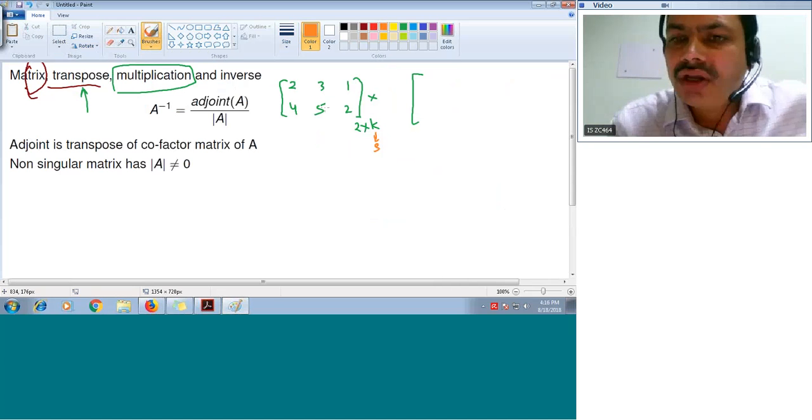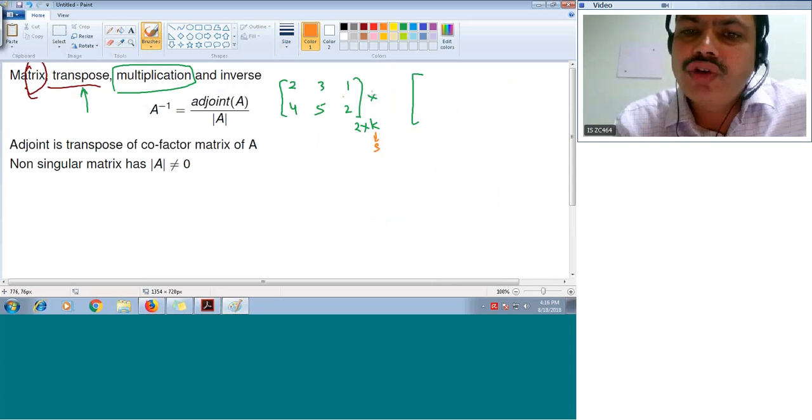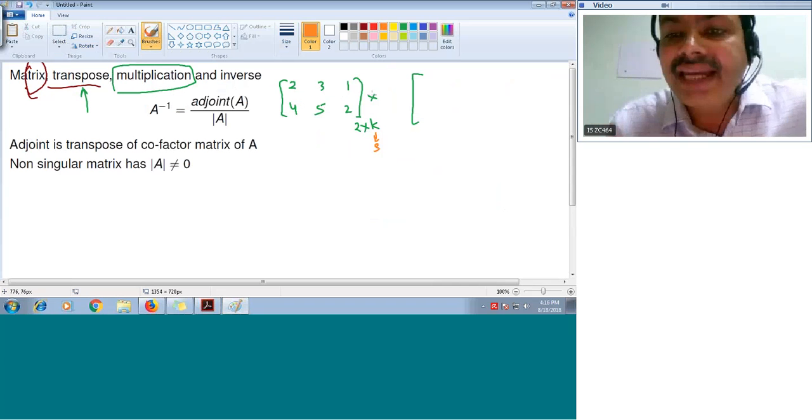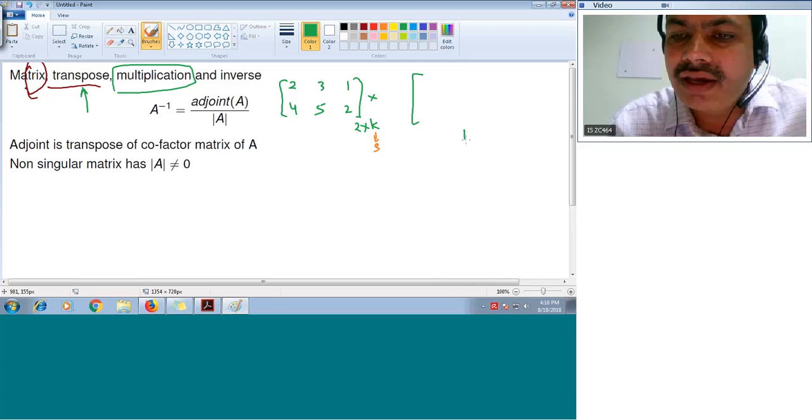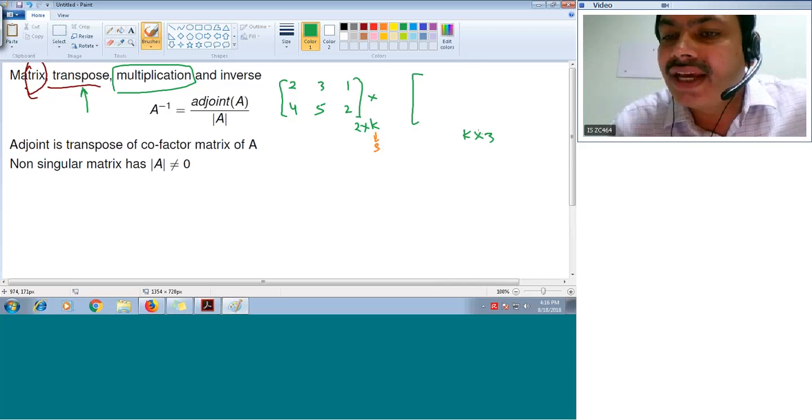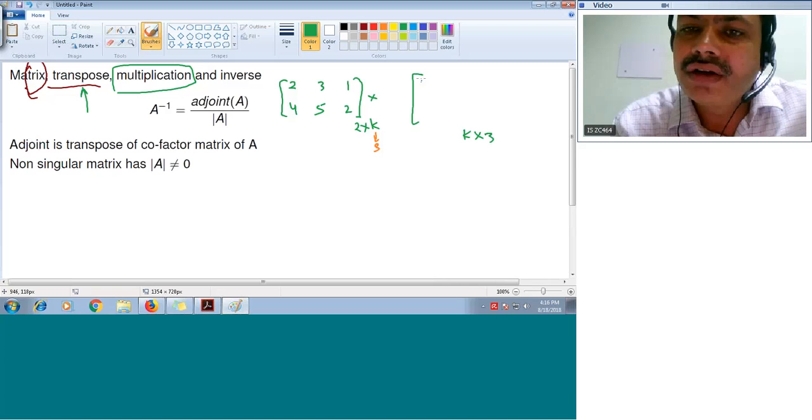cross 3 matrix. So this matrix can only be multiplied with any other matrix that is k cross, k cross whatever number, say k cross 3. So what is a k cross 3 matrix? There will be k rows. Let me write anything, 2 1 0, and 3 means I have to write 3 values.